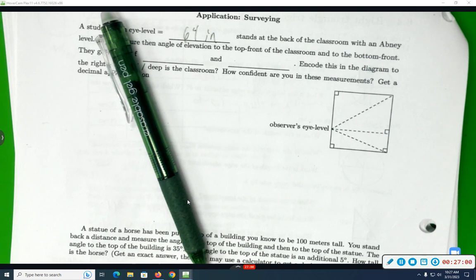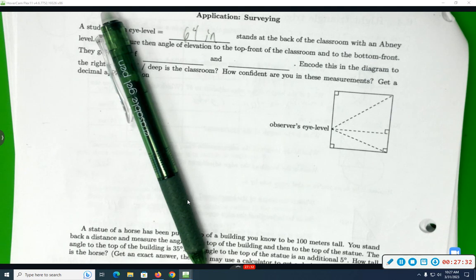Nice. I will now have you go to the back of the classroom and do that again. Sorry, that was just demonstrating how to use the tool. So, what's the angle to the top of the classroom from where you are? You need someone else to read it for you.